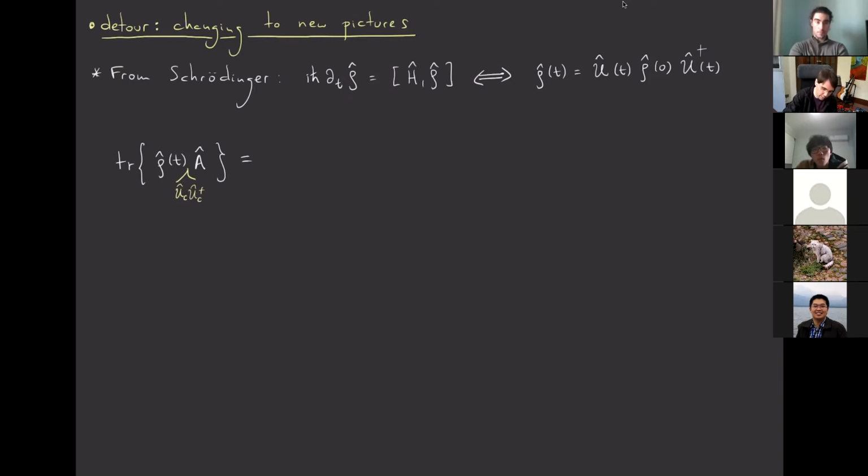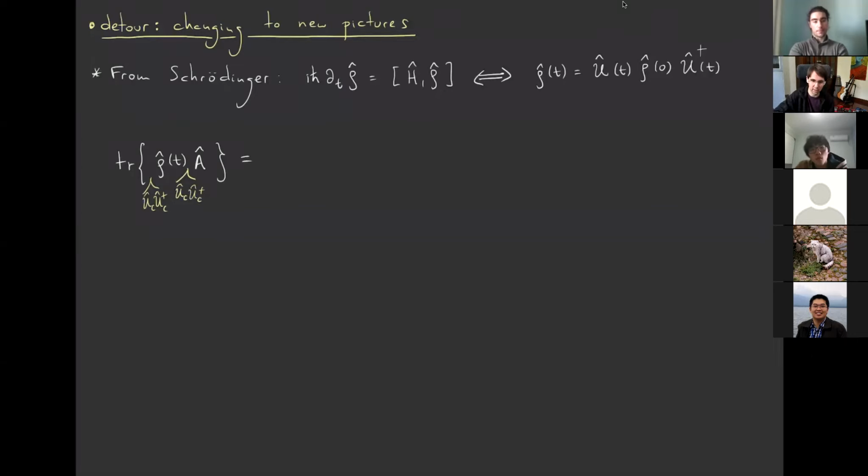Okay, and I do the same in here. So I put here another identity. So I define, or I take a unitary U, U sub C, that is any unitary I like, whatever, even time dependent.